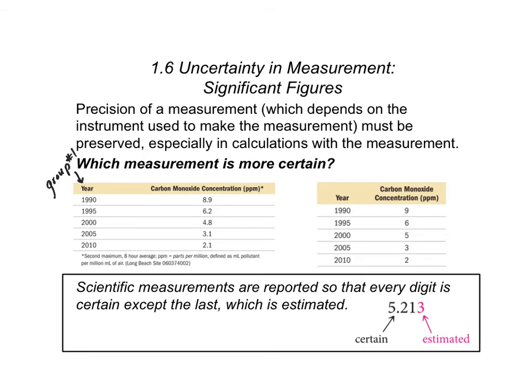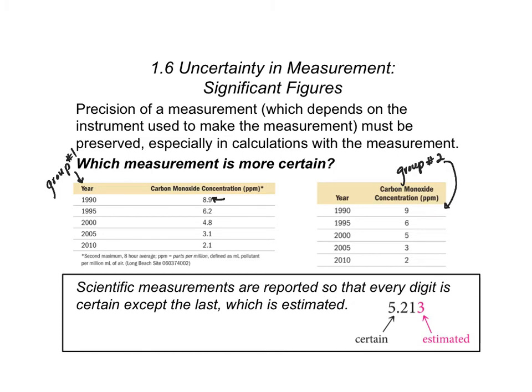They go out and they measure the concentration of carbon monoxide every 5 years for like 20 years, okay? And so they denote it like this, and this is the instrument they are using. It gives them that amount of precision, okay? Let's say group number 2 goes out, measures the exact same thing, but they use a different instrument, right? And when they use their instrument, this is the recording that they get in parts per million.